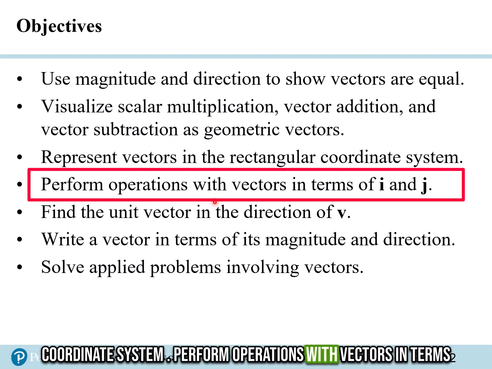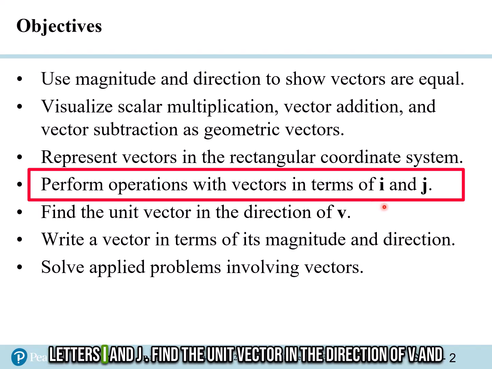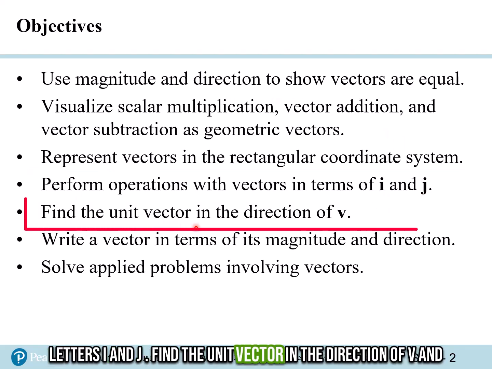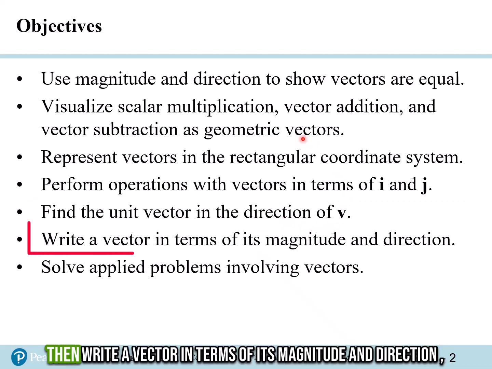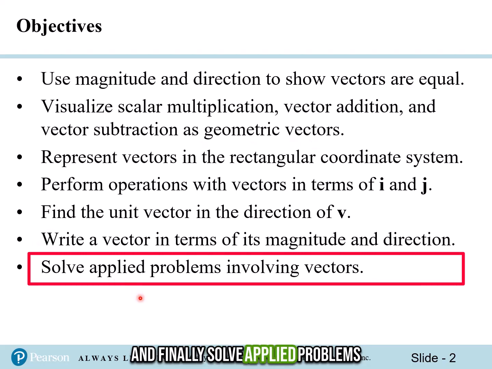Perform operations with vectors in terms of i and j, and of course we will go into detail on what we understand by the bold letters i and j. Find the unit vector in the direction of v, and then write a vector in terms of its magnitude and direction, and finally solve applied problems involving vectors.